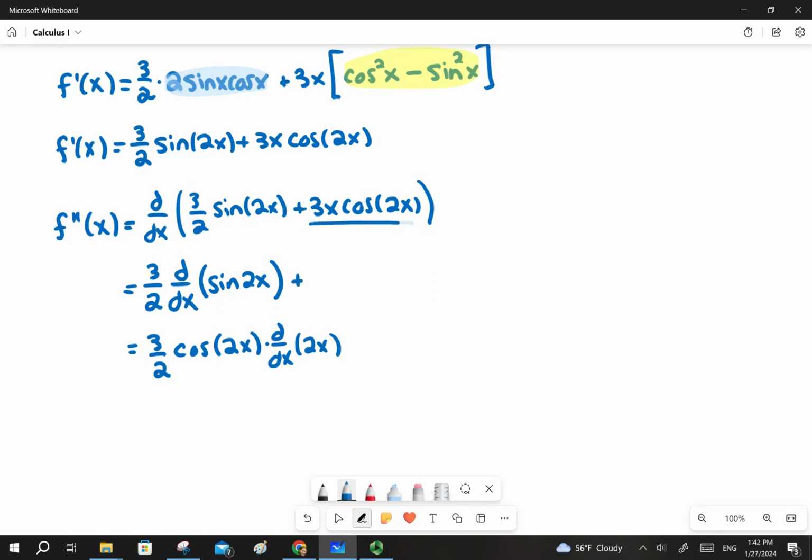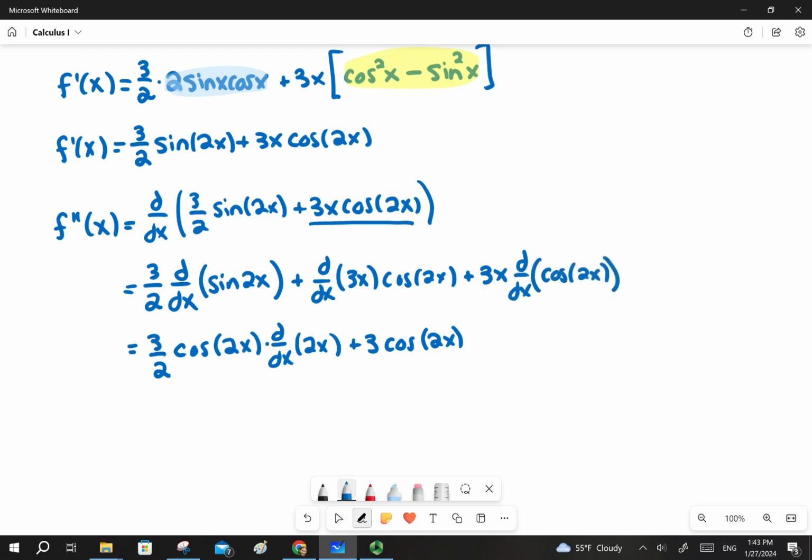Then for my second term, 3x cosine 2x, it's still a product, so I still have to do the product rule. I'll do the derivative of 3x times cosine of 2x, which is just 3 times the cosine of 2x, and then reverse it, 3x times the derivative of cosine of 2x.